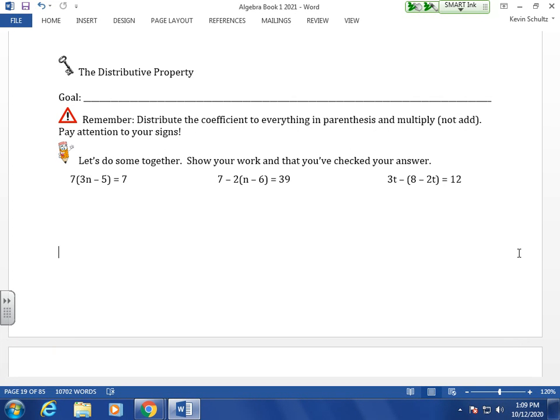So if you bring this home and your parents look over your shoulder and say, "Why don't you just do this?" Okay, there are other ways. However, I want you to learn the distributive property, so I'm going to ask you to do it this way today.